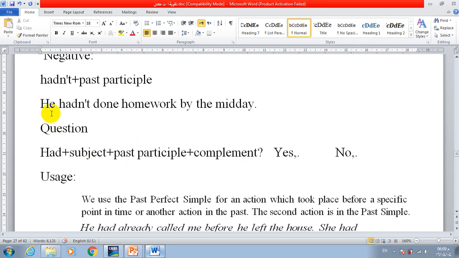Like you see, he hadn't. If we put here yes, how can we ask?